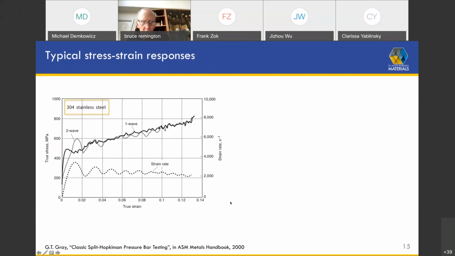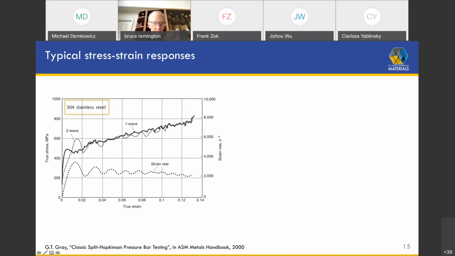So here's an example of a good test. This is of a stainless steel. The results here are for both the strain rate, that's this curve here. These oscillations are normal in these types of tests. That's a good test. If you look at the one wave solution, this is using the back face stress, you get the solid line.